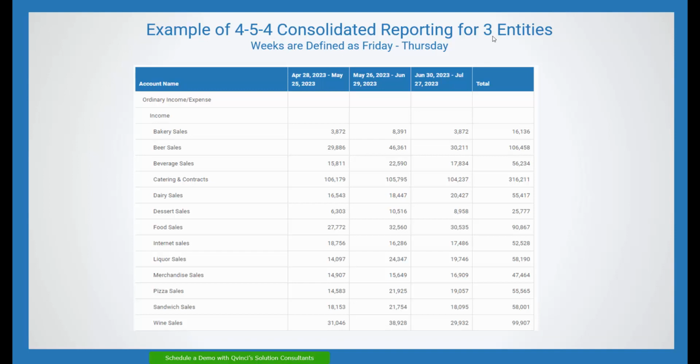So in this case, consolidate across all 3 locations using Friday through Thursday for weeks, 4 weeks, 5 weeks, and 4 weeks. Friday aligned reporting across 1 to N entities. It's an example of one report. We have hundreds of reports in Qvinci, and a lot of these GL non-Sunday aligned reports available for you to use right out of the chute.